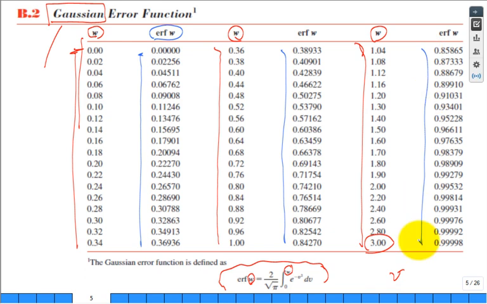If somebody said, give me the error function at 5, oh, the table doesn't go that far. Well, come on, extrapolate a little bit, right? What would it be? 1. Yeah. So the error function is like the hyperbolic tangent, goes between 0 and 1. Kind of not that exciting.